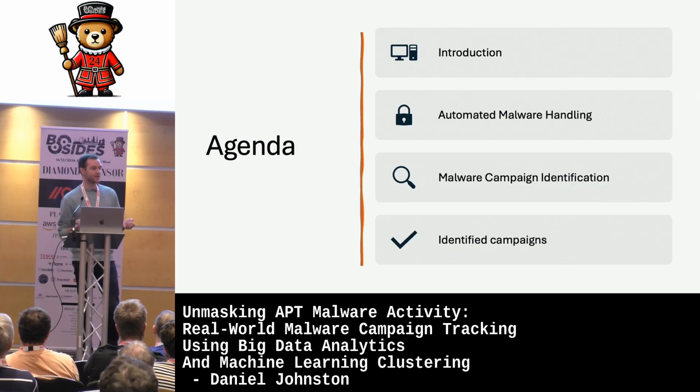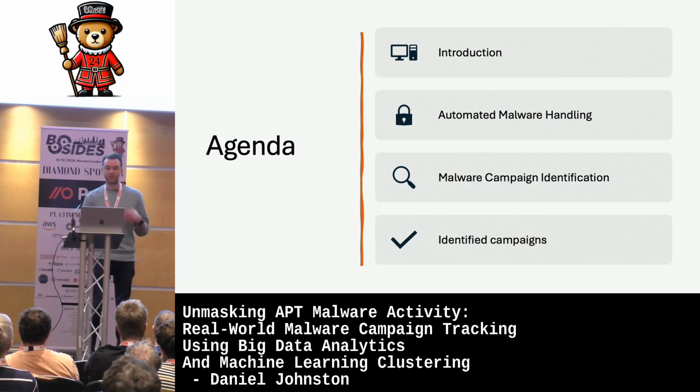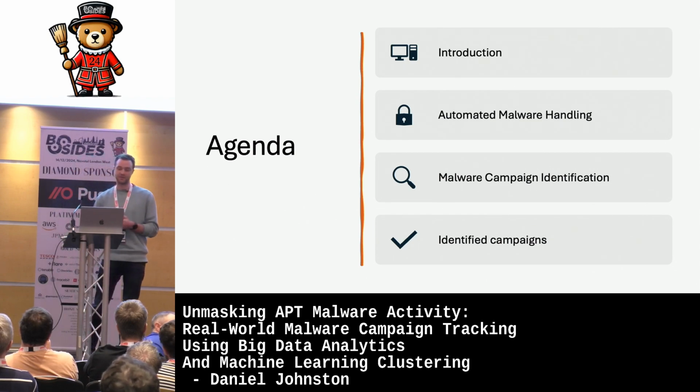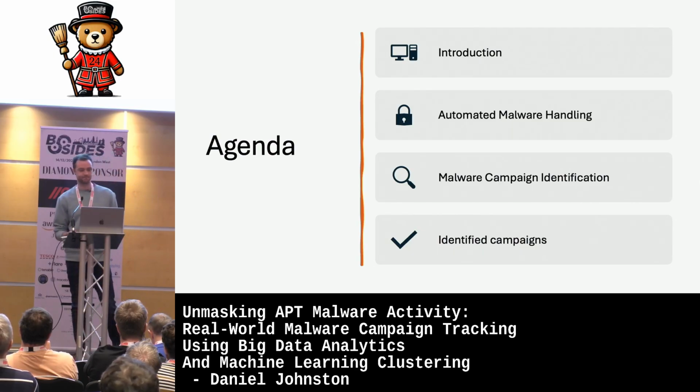I'm going to talk about how we identify malicious samples and malicious URLs in our large data set. And then I'm going to talk about how we safely handle those samples. Then I'm going to hand over to Ori, who's going to talk about malware campaign identification using machine learning clustering and using anomaly detection. And then finally, I'm going to move on to talk about some of the campaigns that we've identified using the frameworks that we've developed.